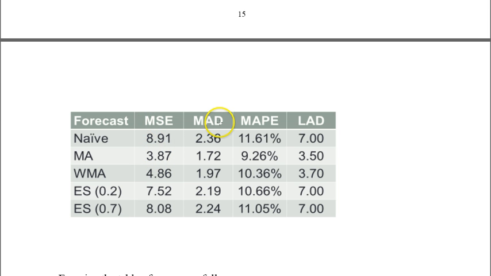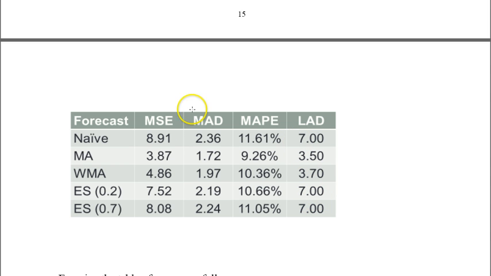What if I use MAD? That also seems to be better. The weighted moving average is a close second. If I use MAPE, this seems to be the best. This is also a close second. Wow, so there's some consistency using all these different errors.